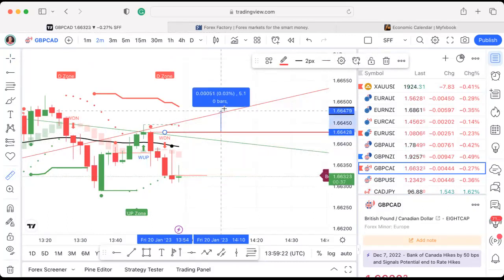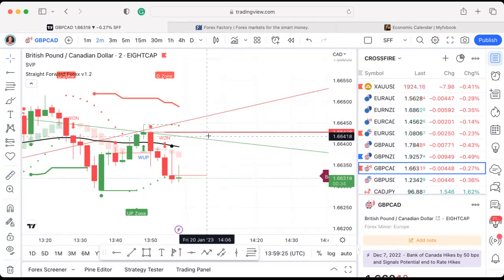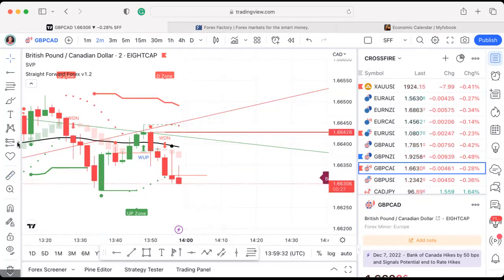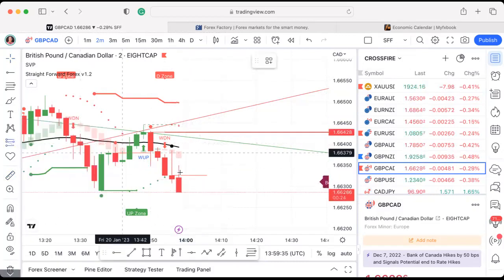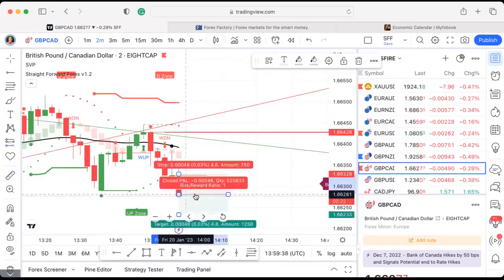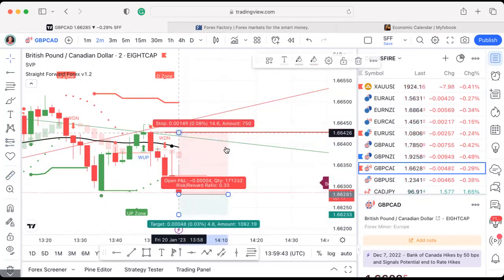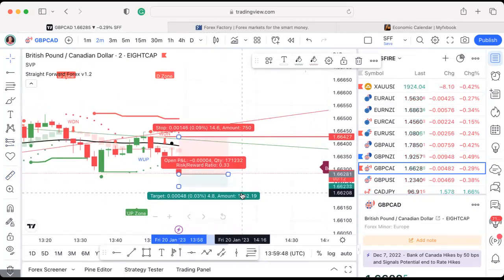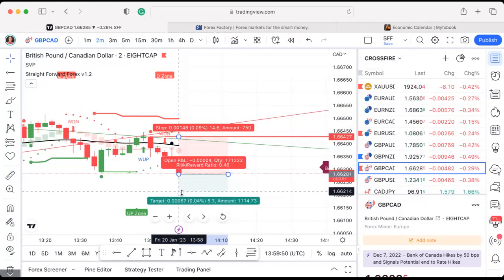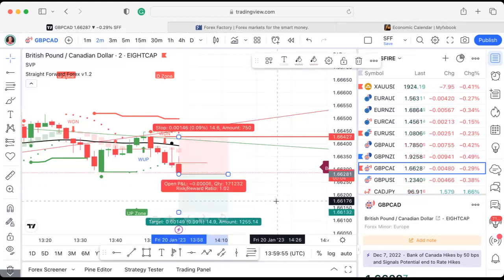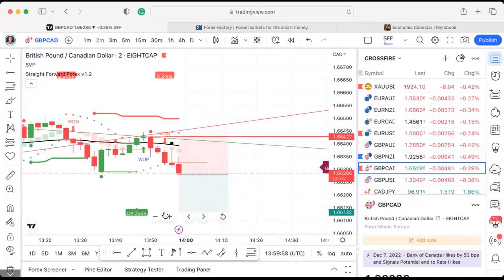Yeah, there's about 10 pips between my stop loss and where current price is. So let's do that one. Or maybe a little bit too late. So that's now 14 pips. So we need price to come down here.